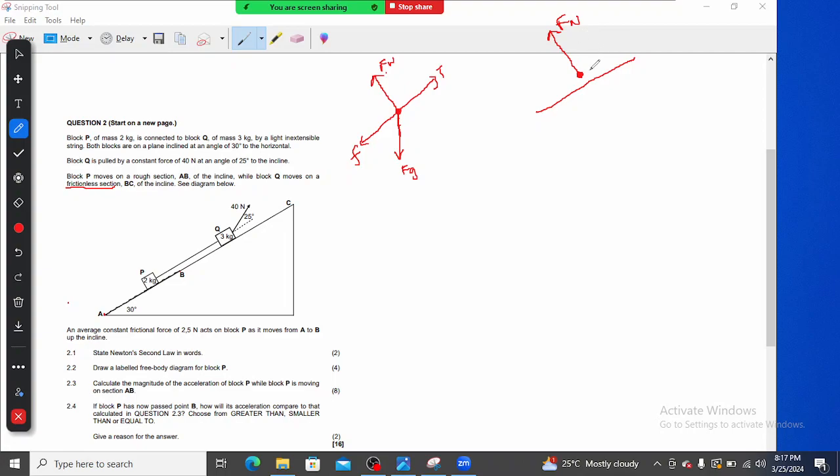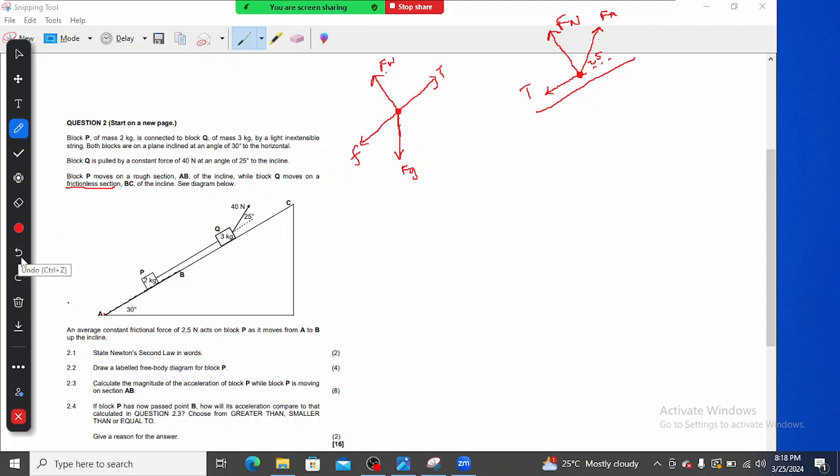And then I will have the applied force, which is acting at an angle of 25 degrees. I'll call this F_A. And then we'll have the tension, which is in that direction. And we have the weight, which is facing downward like this.